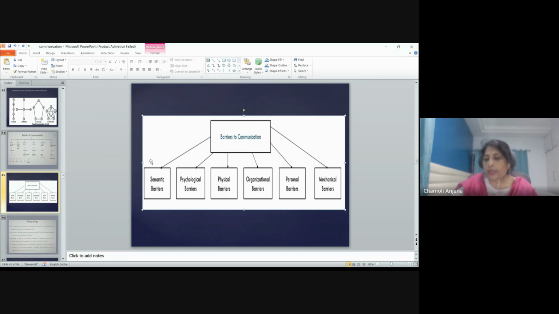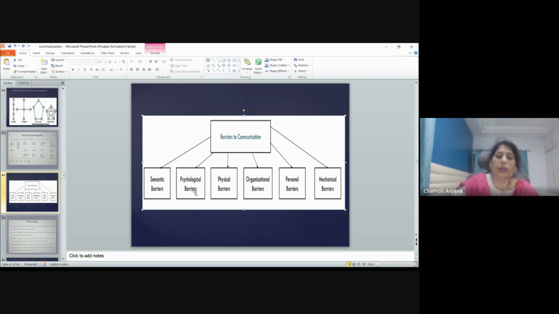Okay, so that is about the semantic barrier. Psychological barriers are those which include the attitude of a person and the perception. Some listeners perceive only certain things and do not want to listen to others. Then there is the emotional state of the person, and the fear of the person.